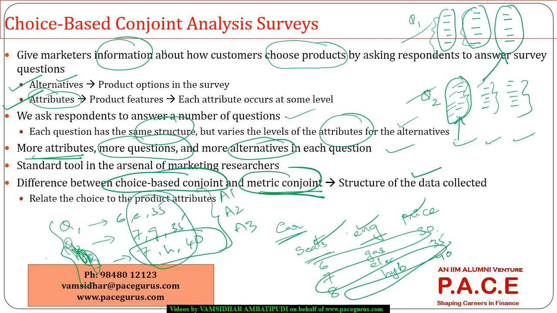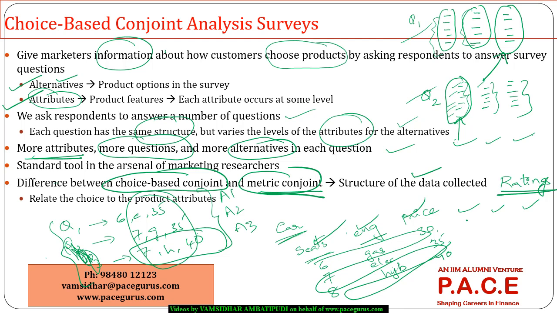The primary difference is in the way the data is collected. There we took ratings for each of the options. Here I am not talking of ratings. I am giving 3 alternatives or 5 alternatives, and asking him to choose one. This is how the questionnaire is presented to the customer in choice-based conjoint analysis.